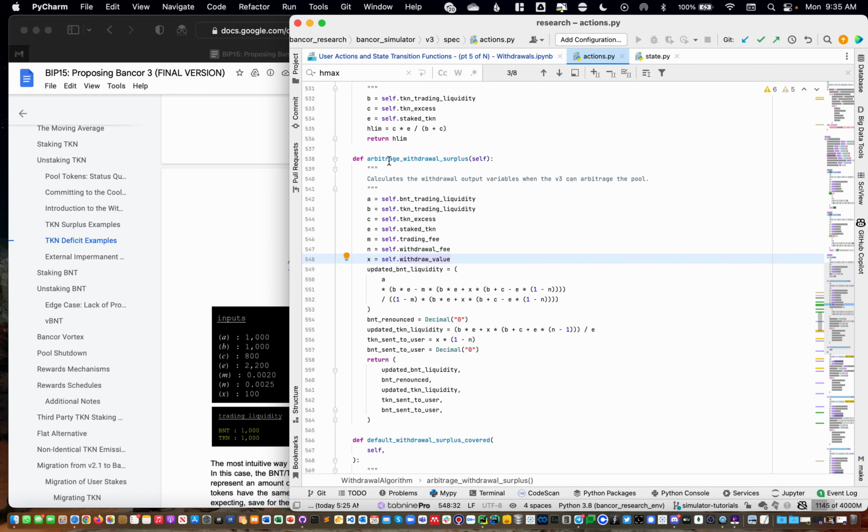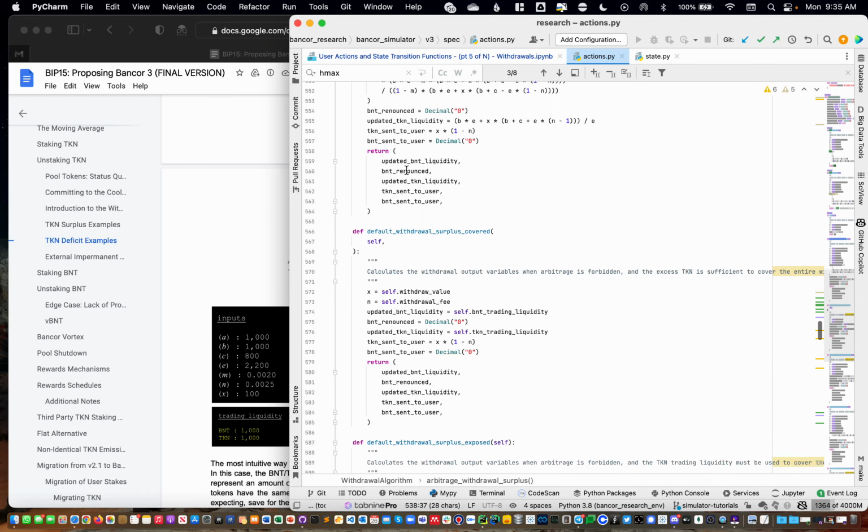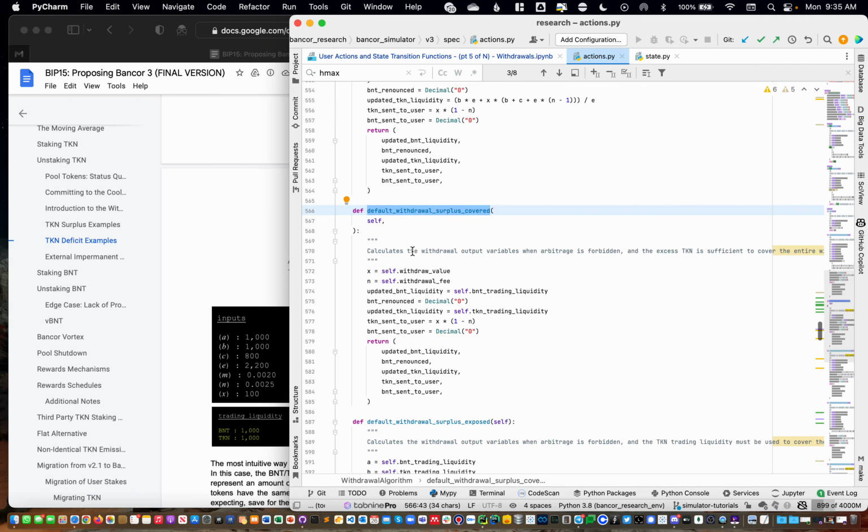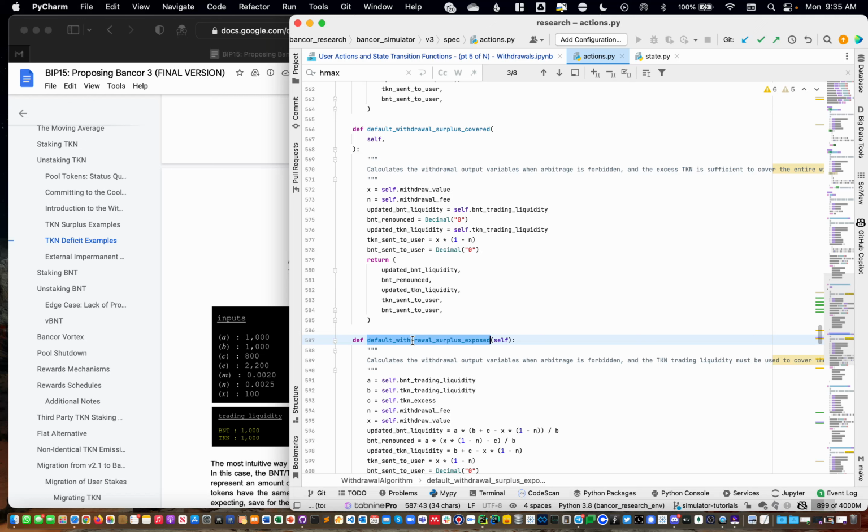And so we call these different things arbitrage withdrawal surplus state or condition, default withdrawal surplus covered, and default withdrawal surplus exposed.